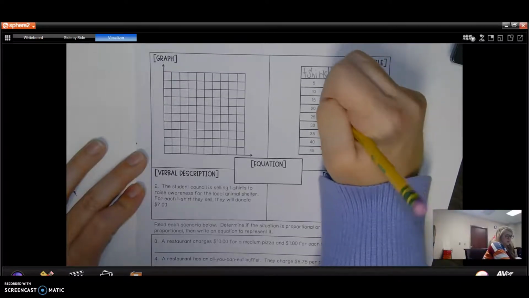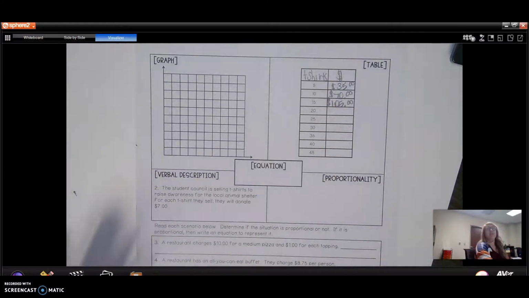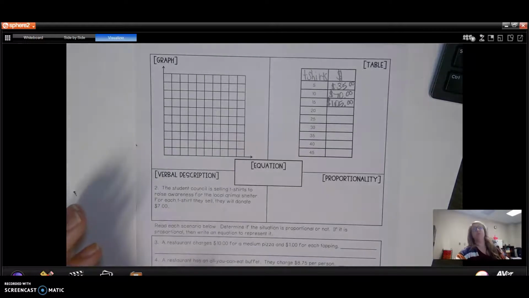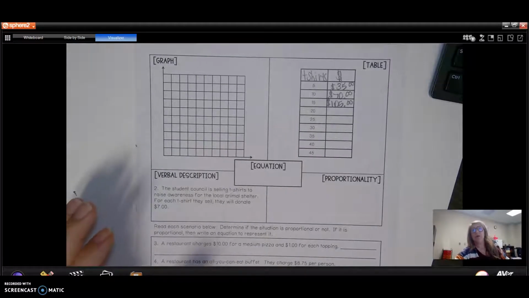15 t-shirts at $7 each, I'm sorry, is going to be $105. And you can either include those decimals or you can not include those decimals. That is completely up to you.